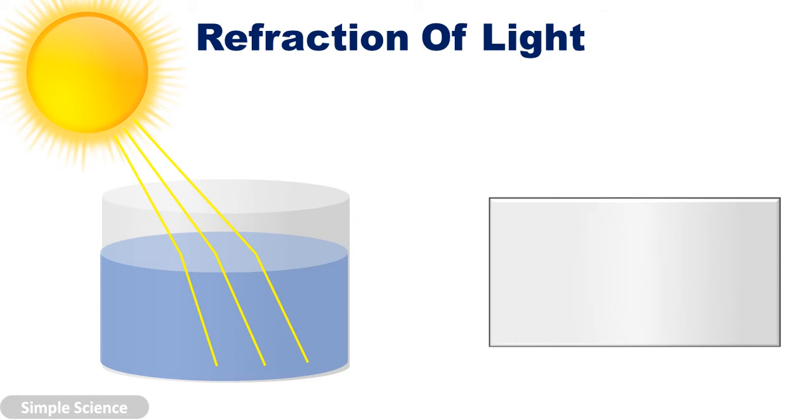Now before we see what refraction is, let us see how light bends when it passes from one medium to another. Let the first medium be air. So light is coming from air to glass. When a ray of light is incident on the surface of glass, this is the incident ray.